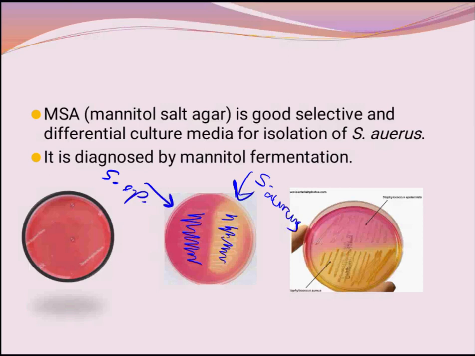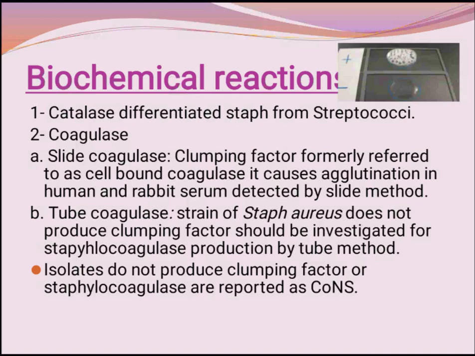So from this culture medium, we can diagnose the microorganism as mannitol fermenter, Staphylococcus aureus, or other staphylococci. For further identification of the species of the staphylococci, we need further biochemical tests.